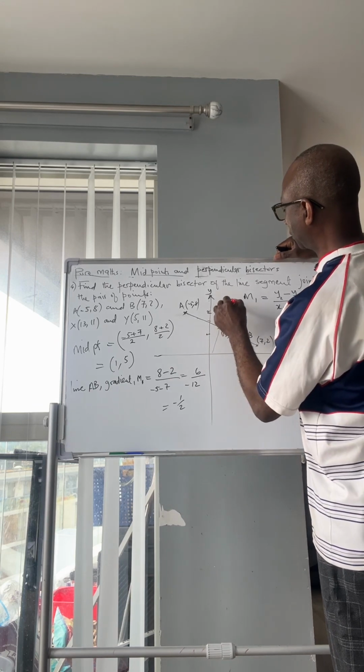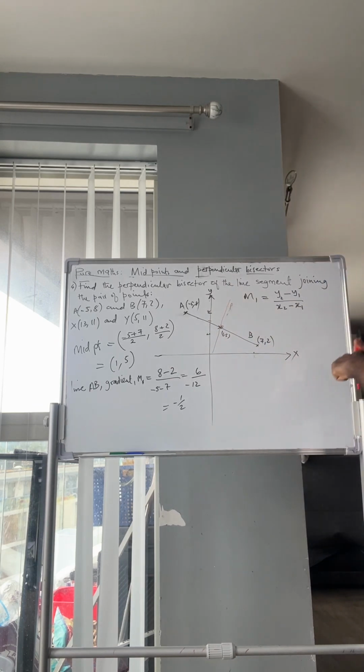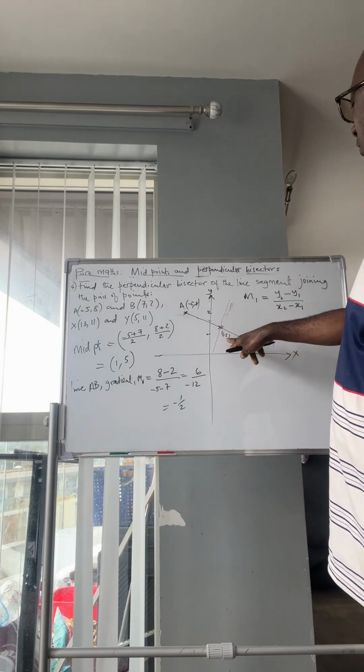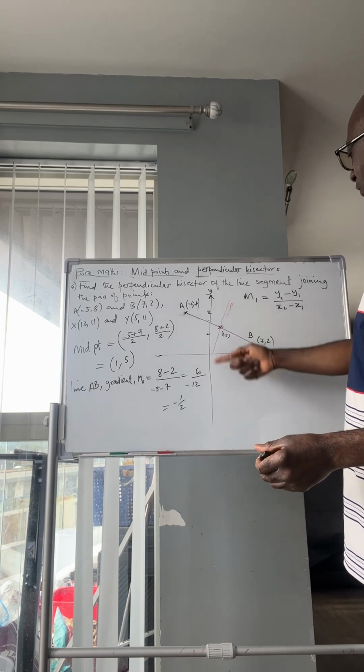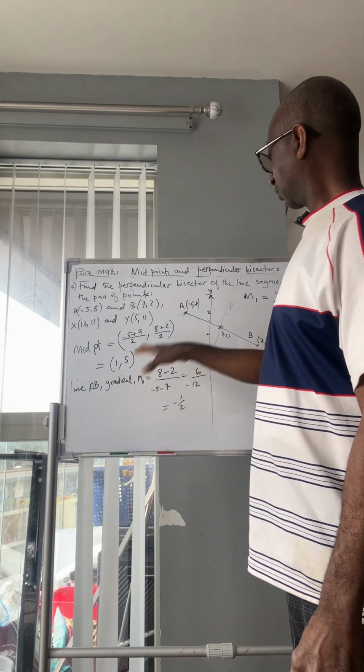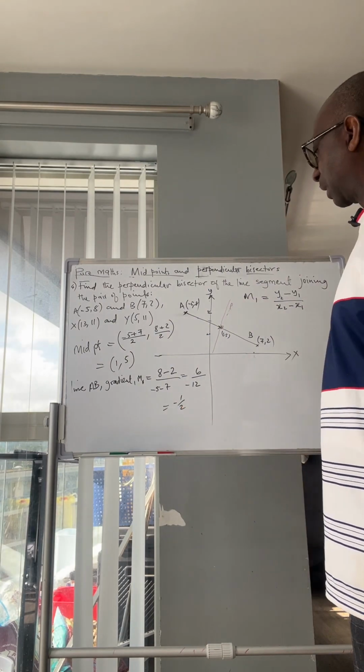We are looking for the equation of this line P, because P bisects this line at the point (1, 5). We can't find the equation of this line without knowing its gradient. We have worked out the gradient of the line AB to be minus 1/2.